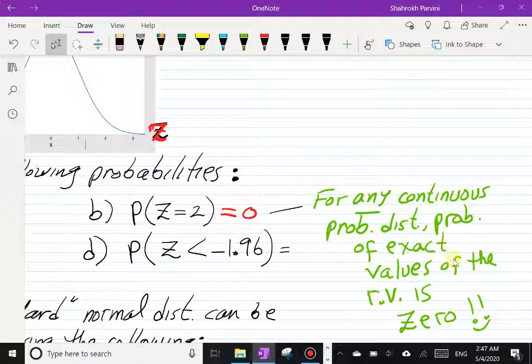The reason this is true is that, remember, probabilities are areas under the curve, right? So let's say here's where 2 is, exactly 2. If I want to find the probability at 2, I should find the area of a line. And a line does not have an area. So that area will be 0, which means the probability is 0.